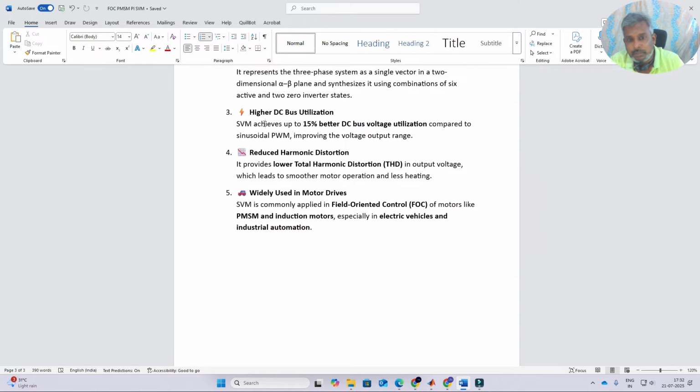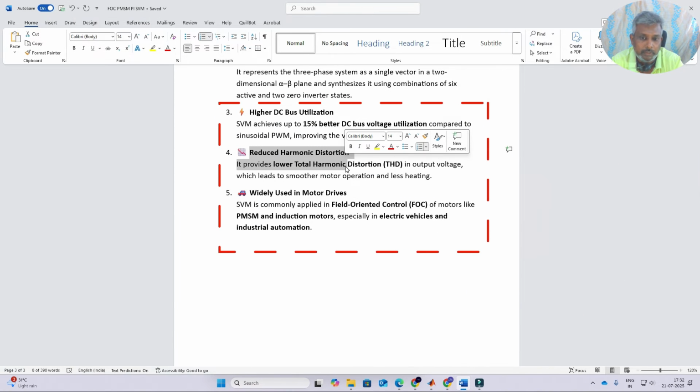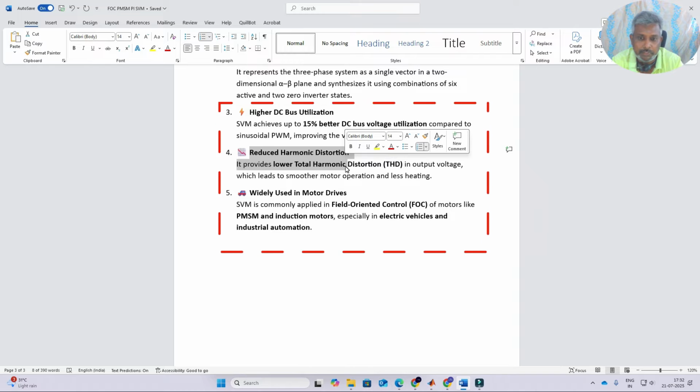Also, when you apply space vector modulation, we can reduce the harmonic distortion in the output voltage. When you reduce that distortion, we can operate the motor very smoothly, and the heating problem is also reduced because of the SVM.